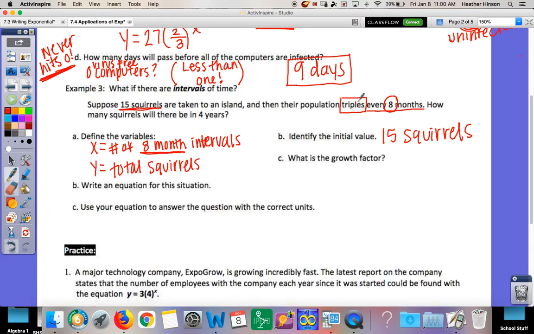It triples every 8 months. Triples just means it multiplies by 3. So our growth factor is 3. So then write your equation. So y equals, remember it's y equals a times b to the x. A is your initial, so we'll put 15 first. B is your multiplier, so that's our growth here. And then x at the top.